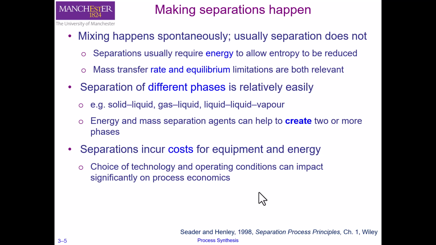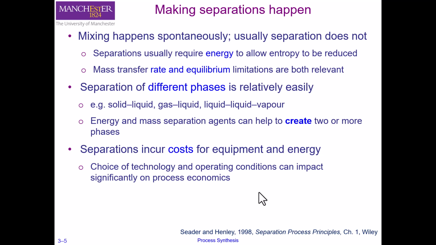In addition to using different phases, we can also use an energy separating agent or a mass separating agent to create these phases. Energy is very easy to understand: you heat something and then you create a different phase.